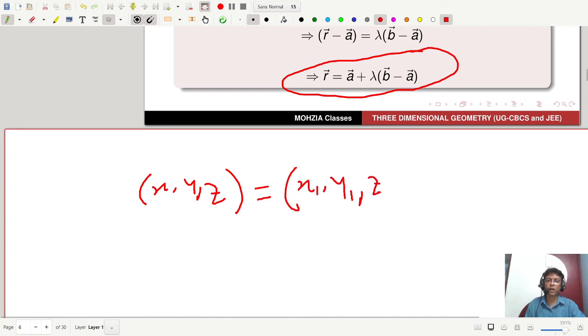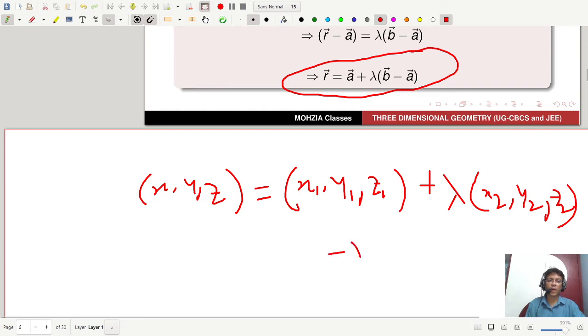Plus lambda times B, which is x2, y2, z2, and this is minus lambda times x1, y1, z1, right?